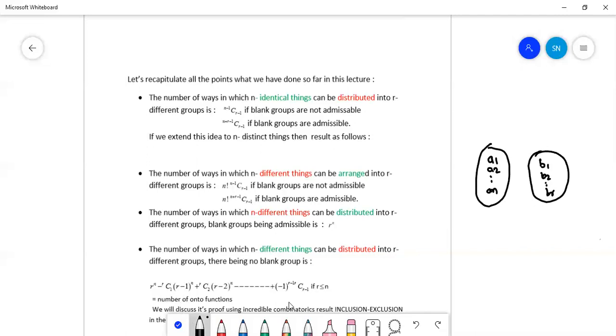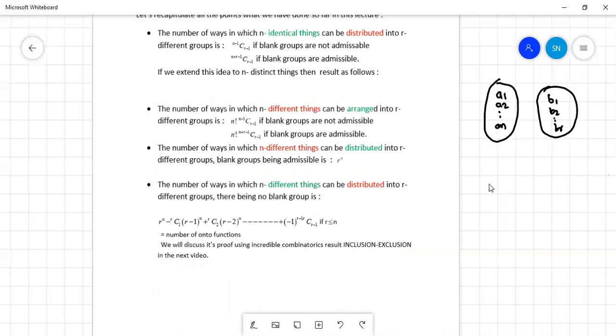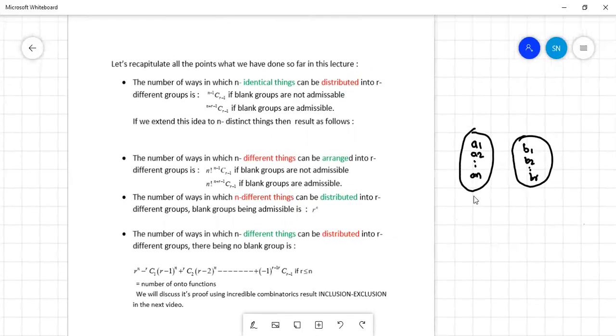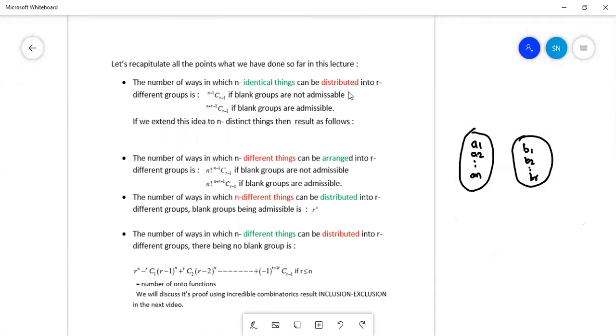The number of onto functions, as you know, suppose if you don't know, then this is one interesting one. We will discuss the proof using an incredible combinatorics result, the inclusion and exclusion principle, in the next video, right? So finally, you can see the different cases here. Identical things, distribution.